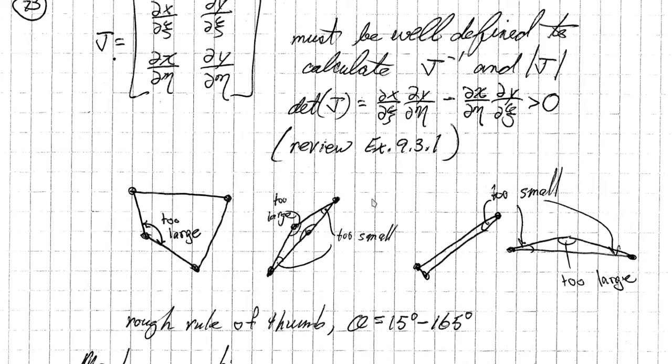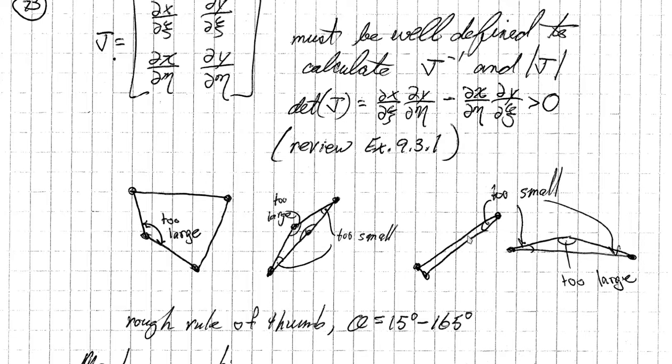So here are physically places where this will give you problems. If these angles are too big on a quadrilateral, or here if you have angles that are too small, basically these areas are starting to go to 0, and that leads to a determinant that may be close to 0.